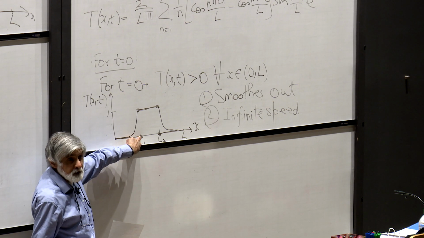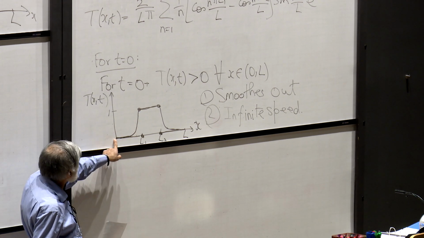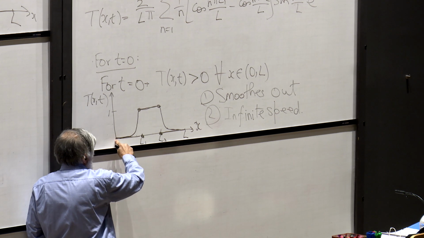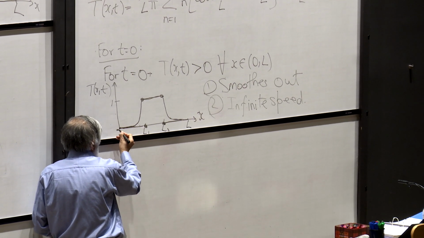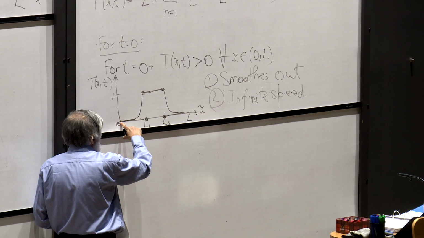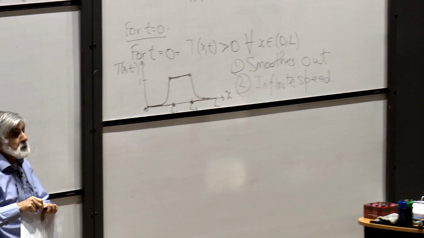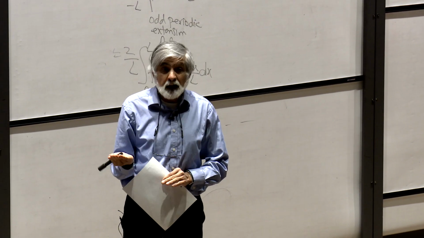As soon as t becomes non-zero, this becomes non-zero everywhere. So even though I've drawn this coming very close, it's slightly above 0. Okay? So from a mathematical point of view, there's nothing wrong with that.